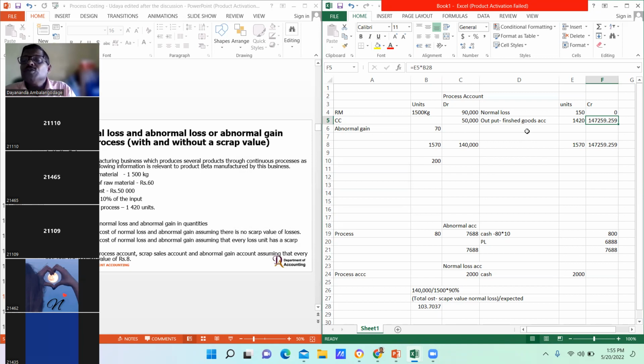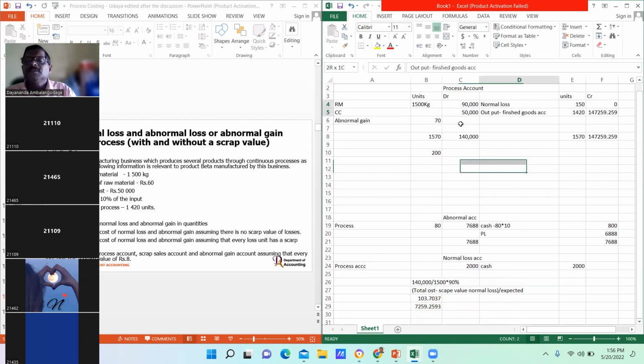Okay. And also you see that here there are 70. So what is the value of this 70? I'm putting the question mark. How do you calculate it? Very simple. You just take this 70 and multiply it by the unit cost. What is the unit cost here? This one.